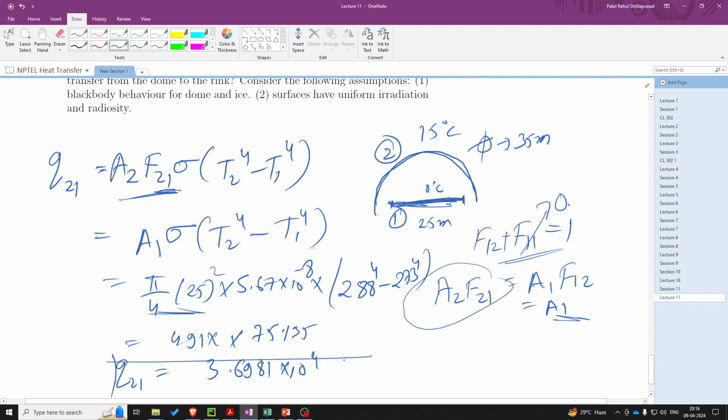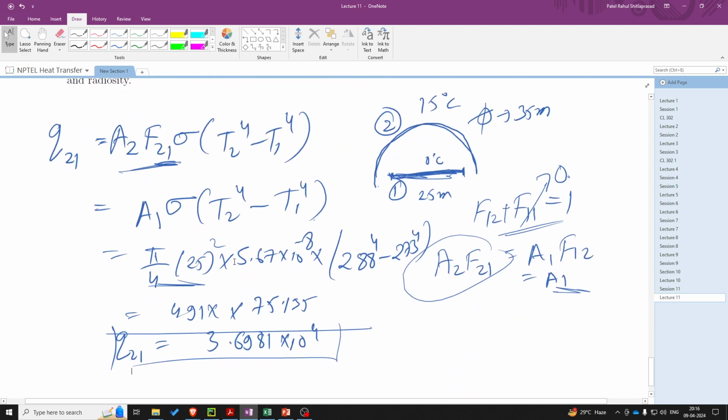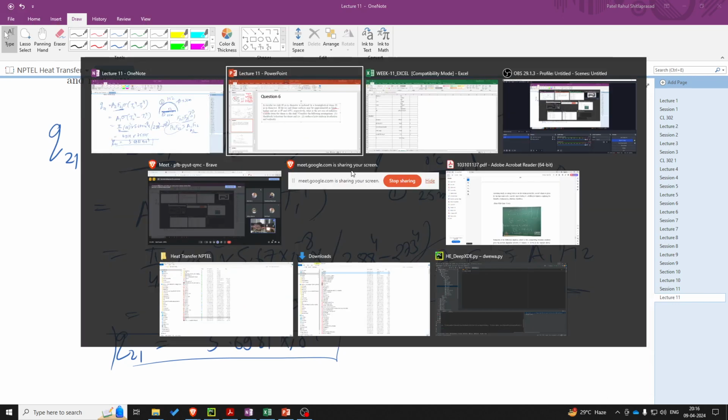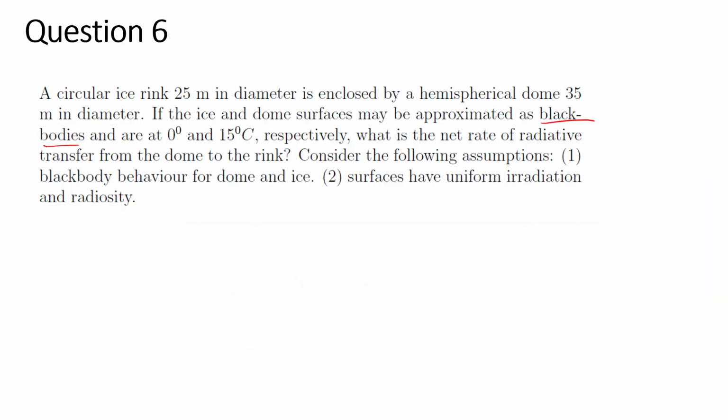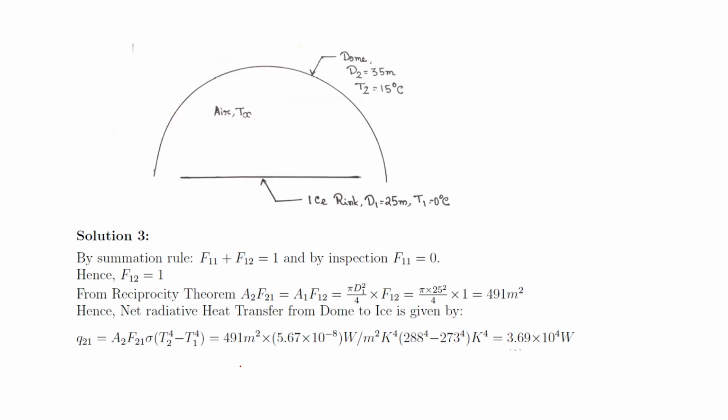So the net heat exchange between both of these black bodies will be equal to 3.6981 into 10 raised to 4 watt. So again, this was a straightforward question since we were given that both the objects were black body. So this is the model solution that you can see.